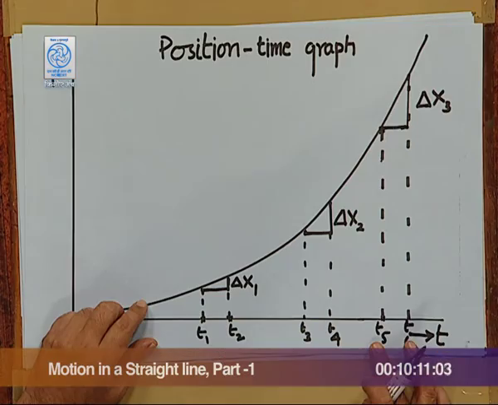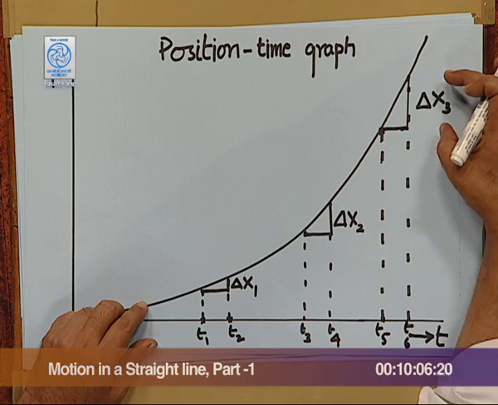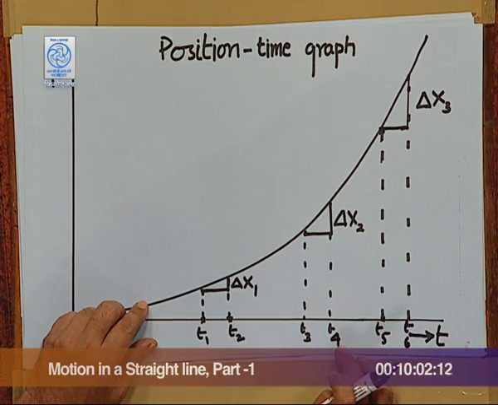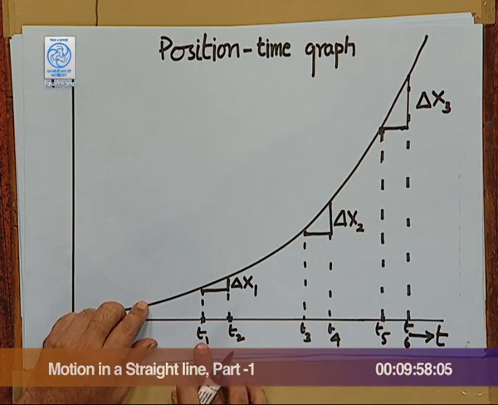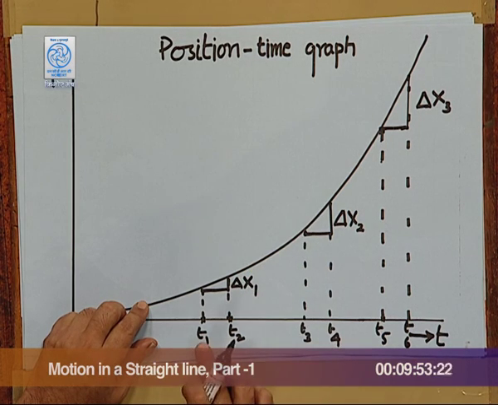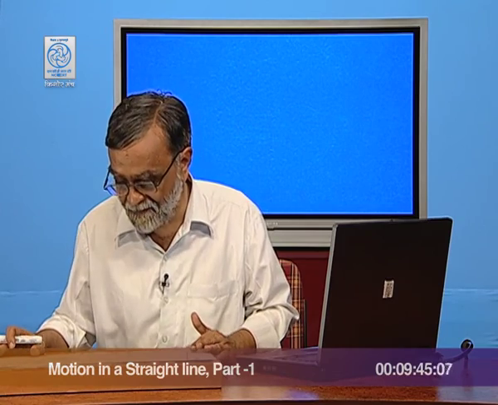Say for example, in t5 to t6, the displacement is indicated by delta x3. In the interval t3 to t4, it is indicated by delta x2 in the graph. The displacement delta x1 is indicated between the interval t1 and t2. Note from this graph that the time intervals are the same, but the displacement in each of these intervals is different.